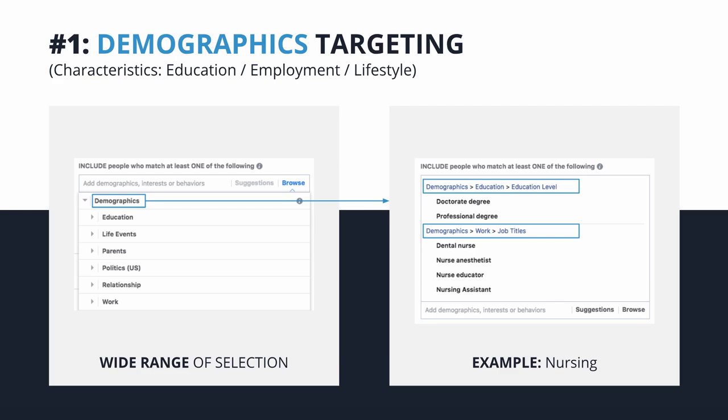We literally targeted people that made less than 25 grand a year, and we were able to do well on that. Now, I think that Facebook has been changing, and they might have taken away the income targeting, but you can be clever and still get a similar result with a little bit of creative thinking.